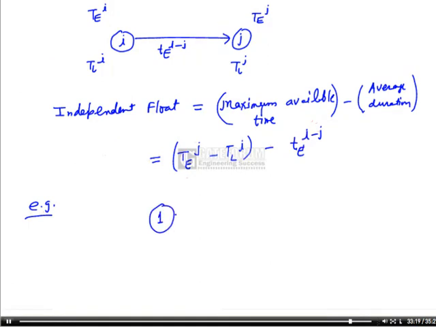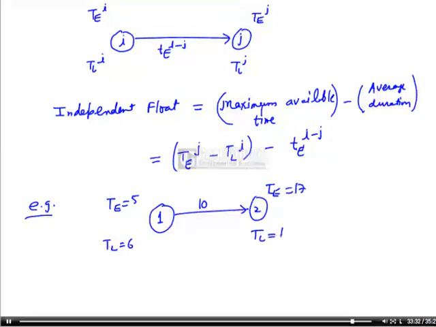This is event 1, this is event 2, given T as 5, here TL as 6, average duration is 10. T is given as 17, TL is given as 19. So we have to find out independent float. Independent float can be written as T of j, which is 17, minus TL of I, which is 6, minus average duration of the project, which is 10.